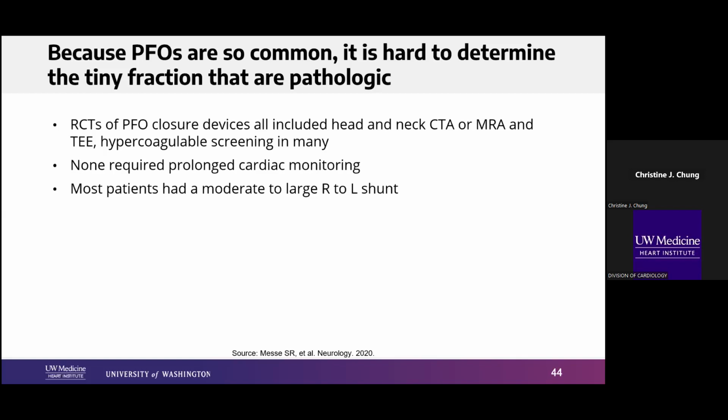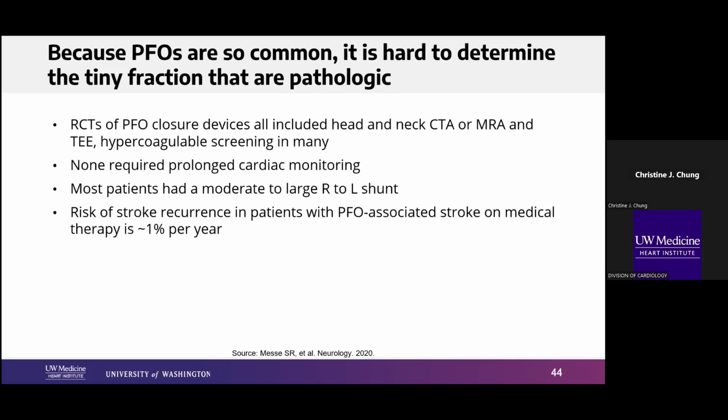So the size of shunt is not usually defined by the diameter of how wide the tunnel can stretch, but through a functional assessment of the amount of bubbles that it allows to pass right to left. And so in most of these studies, it was designated that if they had a grade 3 or 4 by TTE or TEE, that would be classified as a moderate to large shunt.